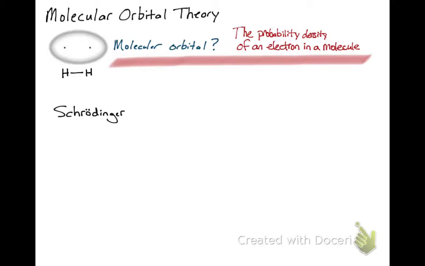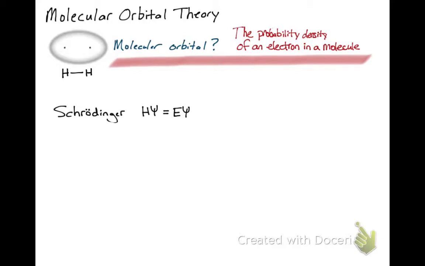So you may recall Schrödinger came up with a wave description of the electron. He had a mathematical description of the electron wave. In its simplest formulation, it's H psi is equal to E psi.